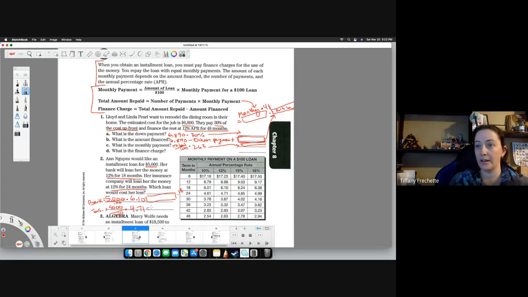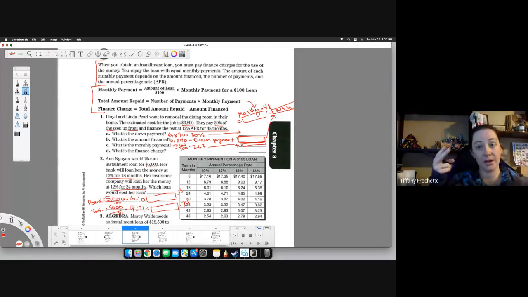And that'll tell us the monthly payment from her insurance company. Again, we need to multiply, not by 18 this time, but by 24. We need to pay attention to how long each loan is. So she's going to be making this payment for 24 months. And then again, we want to subtract from 5,000.